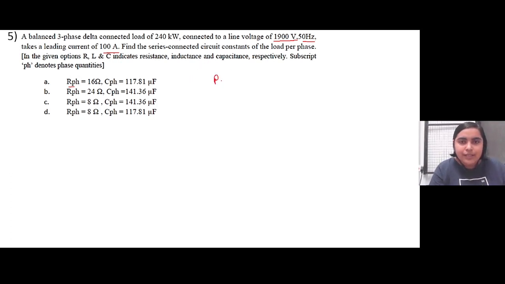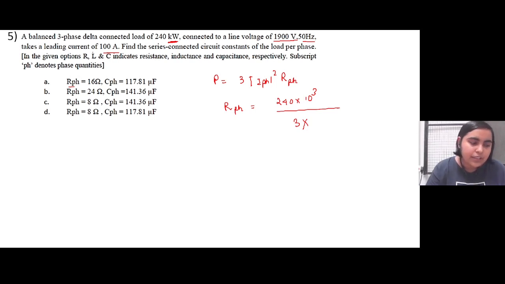Power is given in kilowatt, so it is the real, active power. It is 3 times the phase current squared times the resistance in each phase, right? So we can calculate the resistance in each phase. Power is given as 240 into 10 to the power 3, divided by 3 into I phase squared. It is taking a leading current of 100 ampere, so this is the line current.